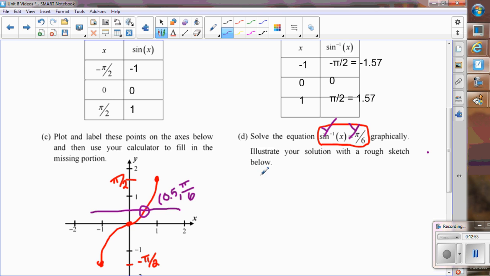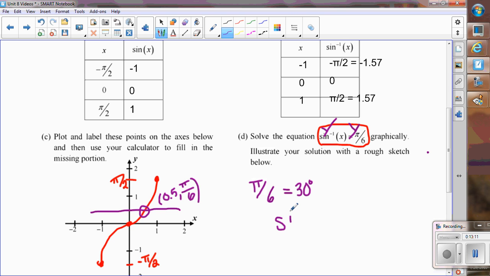Now, how many degrees is pi over 6? If you did the conversion, you would know that pi over 6 is 30 degrees. So what is the connection between sine and 30 degrees and 0.5? You should start to be putting it together a little bit.